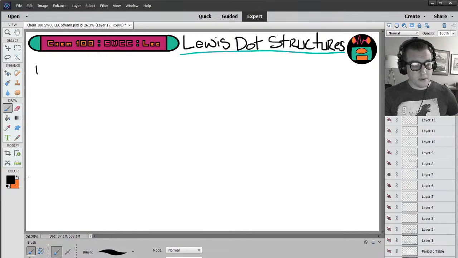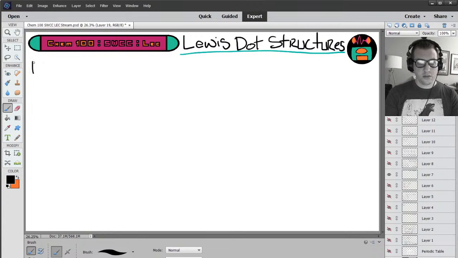So step number 1 for drawing Lewis structures.